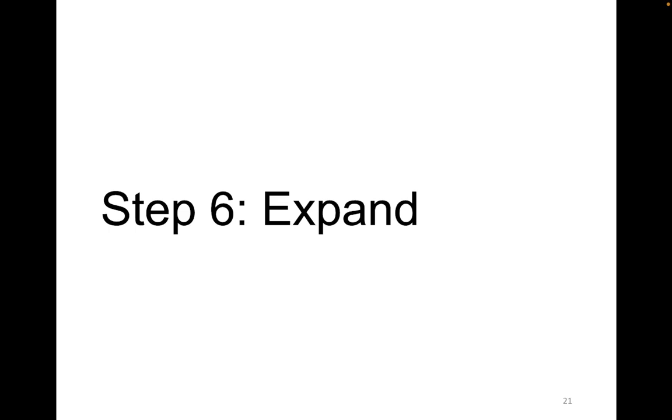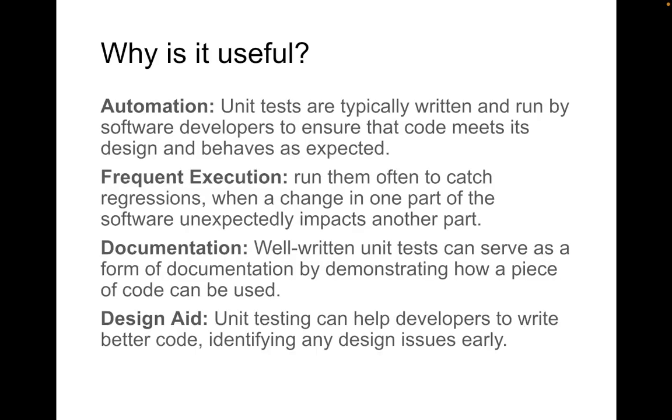Okay, and you can expand. You can add other tests to the same functionality. You can add tests for new functionality. Okay, and to wrap up, why is it useful? Automation is a huge thing: you write the test once, you can run it again and again.